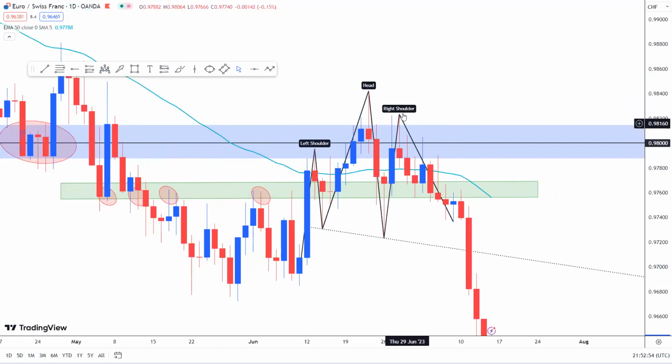The left shoulder, the head, and then the right shoulder. And then we also had a break of the neckline of the head and shoulder pattern.